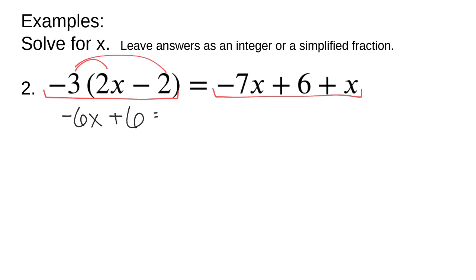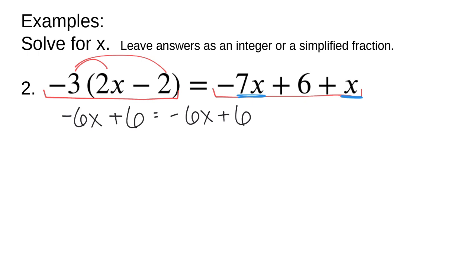On the other side, I've got some x's that are like terms, and we could put them together. Negative 7x plus x is negative 6x, and then I still have the plus 6. This looks suspicious. Let's go ahead and stick to the steps and see what happens. I'm going to move all of my variables to the left side.